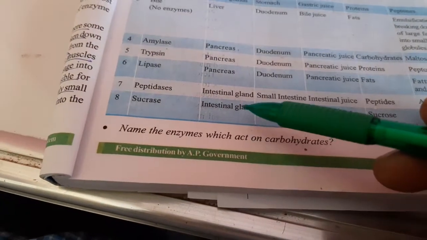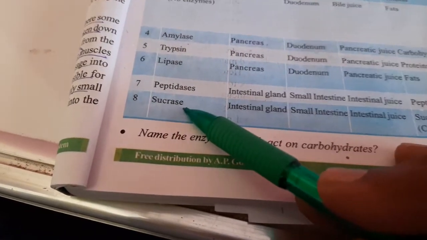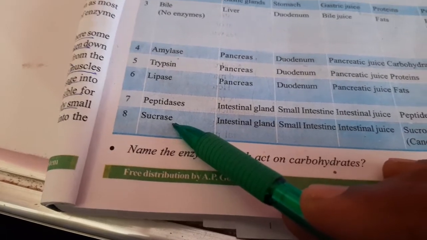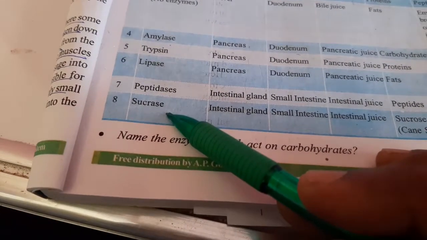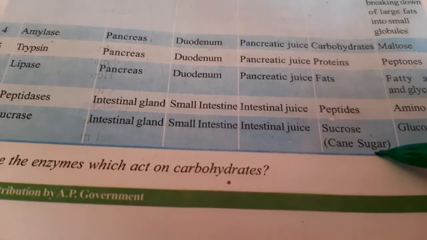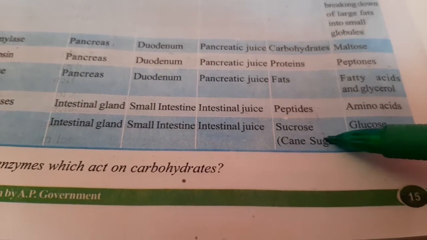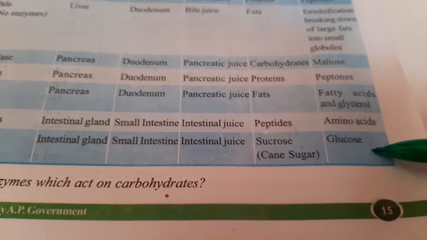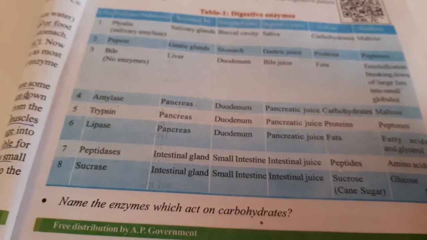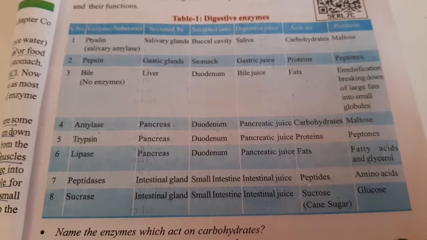And finally, in intestinal juice, there is another enzyme, that is the sucrase. This sucrase acts on sucrose, that is cane sugar, which is present in sugar cane, and it converts this sucrose into glucose. So students, this is about table digestive enzymes.